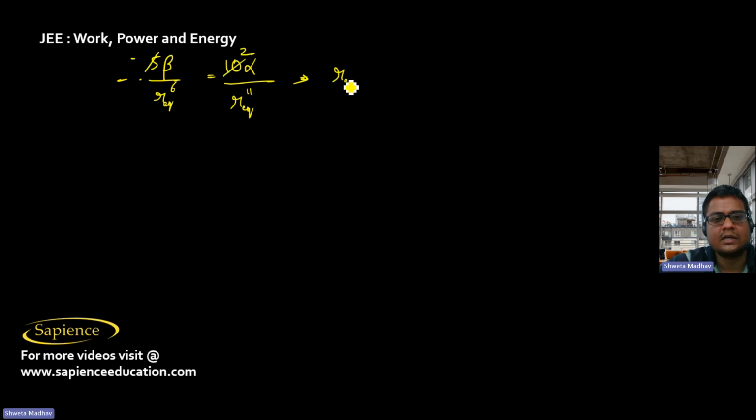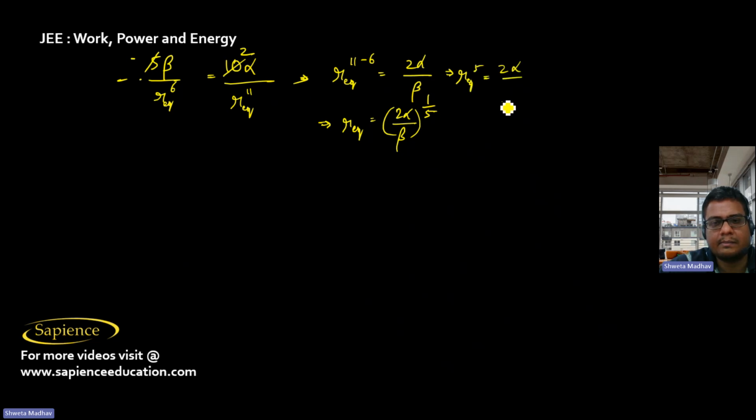So r equilibrium power 11 minus 6, that is 5, is equal to 2 alpha by beta.